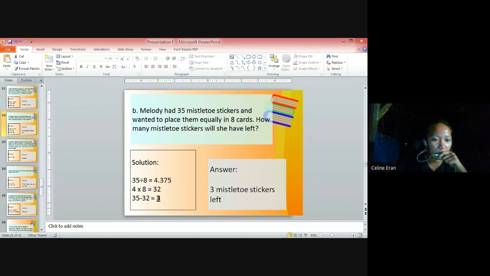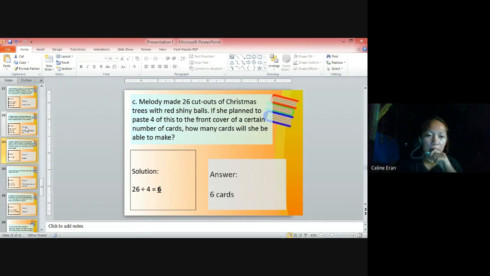So here's the solution. 35 divided by 8 cards is equal to 4.375, and 4 times 8 is equal to 32, and 35 minus 32 is equal to 3. So the answer is 3 Mickey Mouse stickers left.